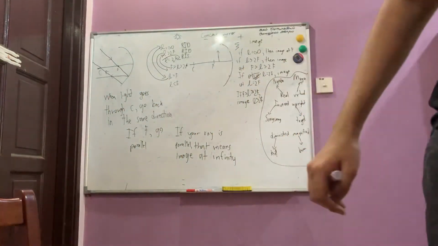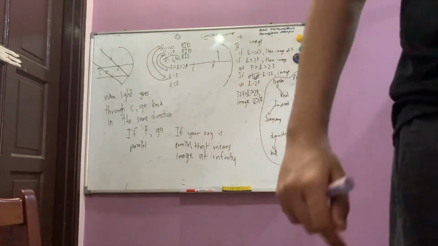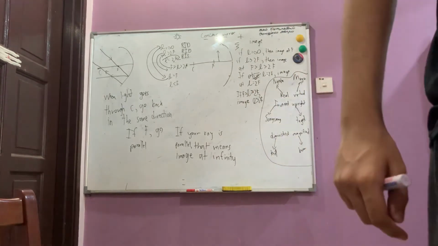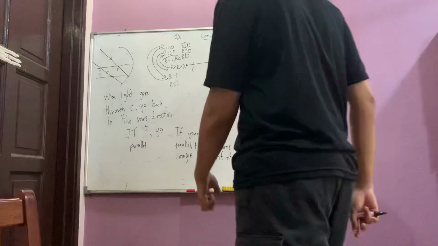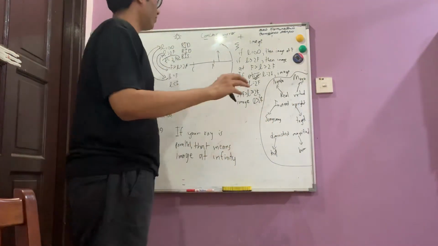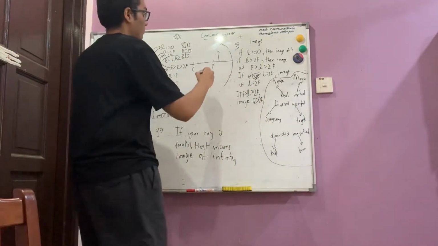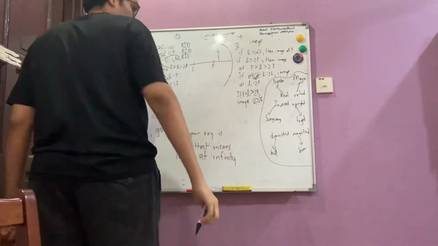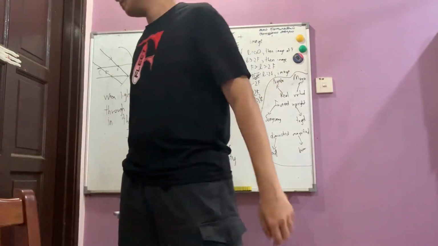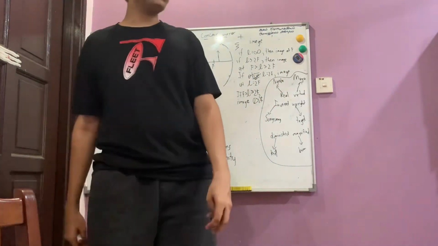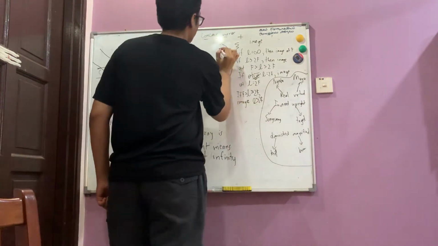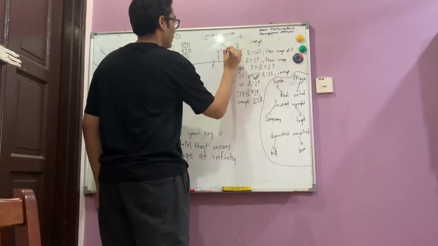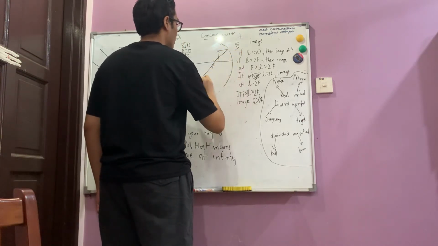Okay, so yeah, I actually forgot how to do this, so I have to see the book. Yeah, okay. So if the object is at F, bring a light ray, go here.